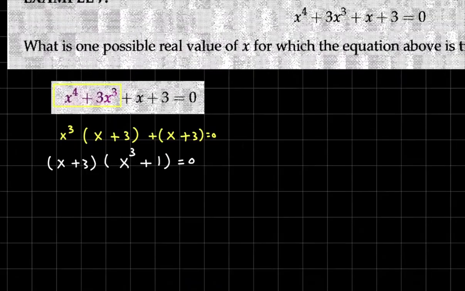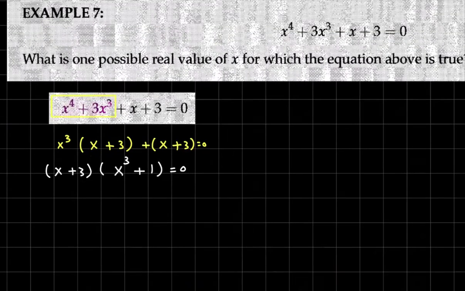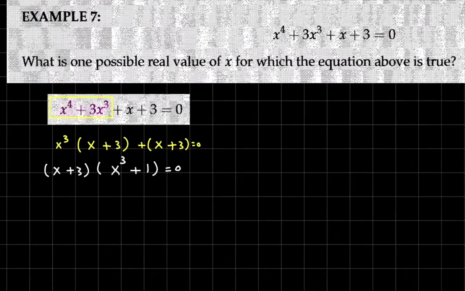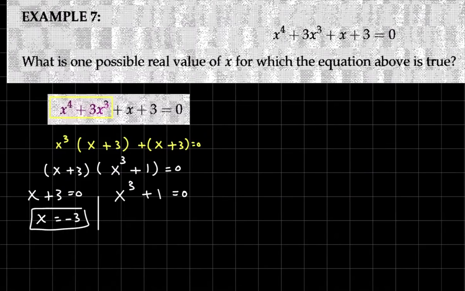And as you know, guys, if the product of some expressions equals 0, that means we can say either the first expression x plus 3 equals 0, or x to the power 3 plus 1 equals 0. If you solve this equation, x equals -3. And if you solve this one, x cubed equals -1.